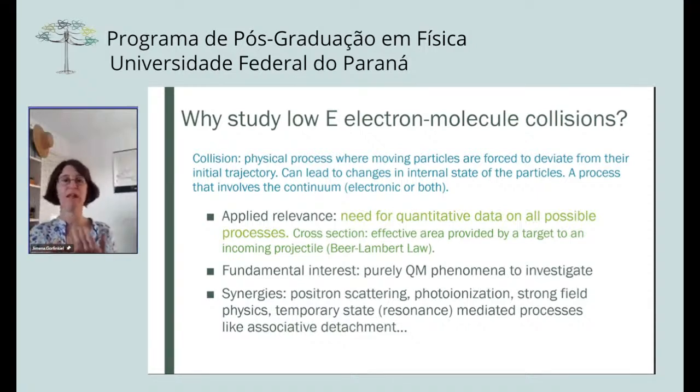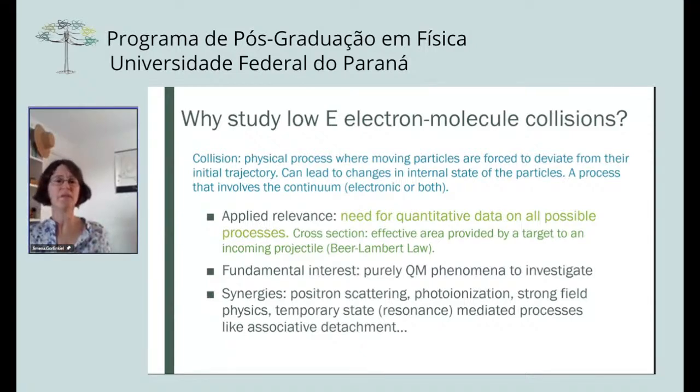The positron is the antiparticle of the electron. Photoionization, which can be seen as half a collision. Strong field physics, for example, the effect of ultra-short laser pulses on molecules, and also processes that are mediated via the formation of temporary states or resonances, like, for example, associative detachment, etc.